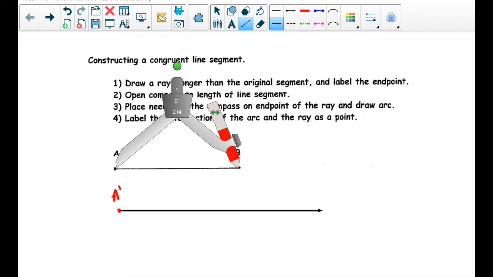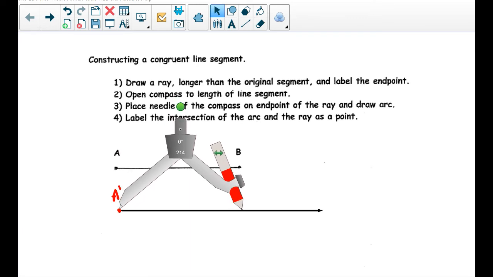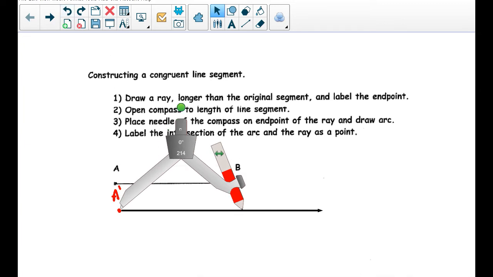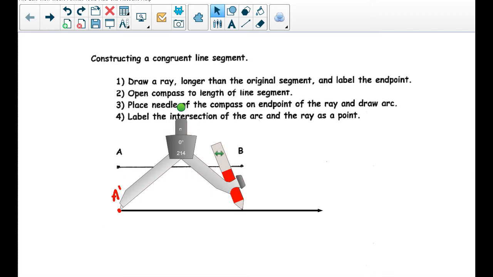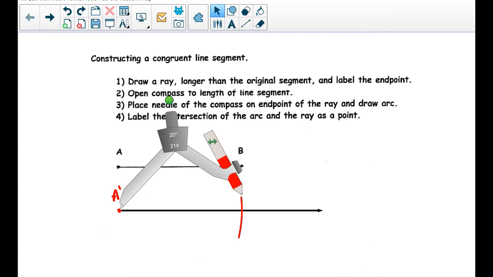So once I measure this length with my compass, I'm just moving it down, putting it on this point, and making my mark with my compass.